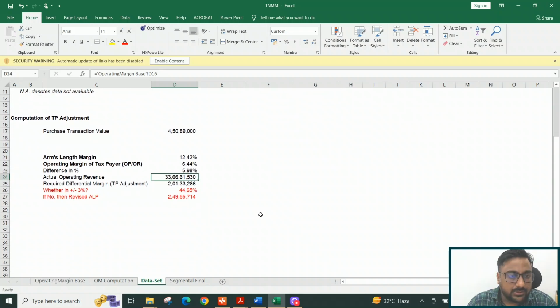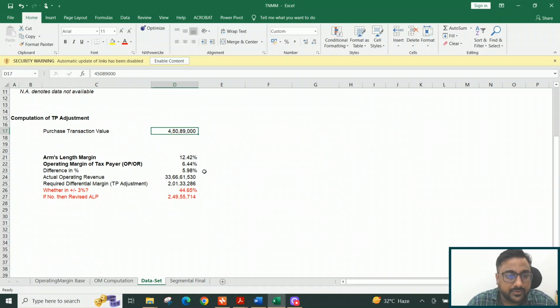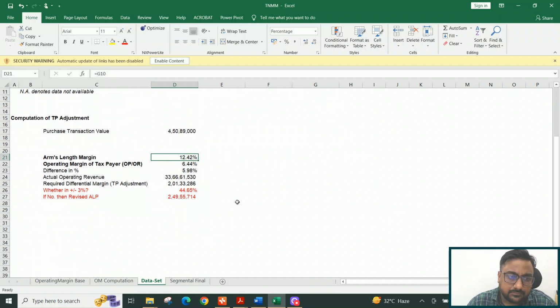Now we come to the computation of TP adjustment part. As you can see, we have presumed here 4.5 crores of purchase transaction value, right? Under this part, the arm's length margin which we derived, the operating margin on operating revenue, is 12.42%, right? That's the arm's length margin. Now we go ahead and understand what was the OP/OR of the taxpayer entity.